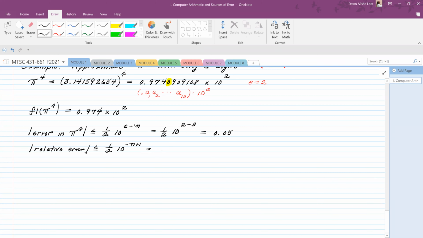So that is 1/2 times 10 to the minus 3 plus 1. That becomes 1/2 times 10 to the minus 2, which is 0.005. So this is predicted by our formula.